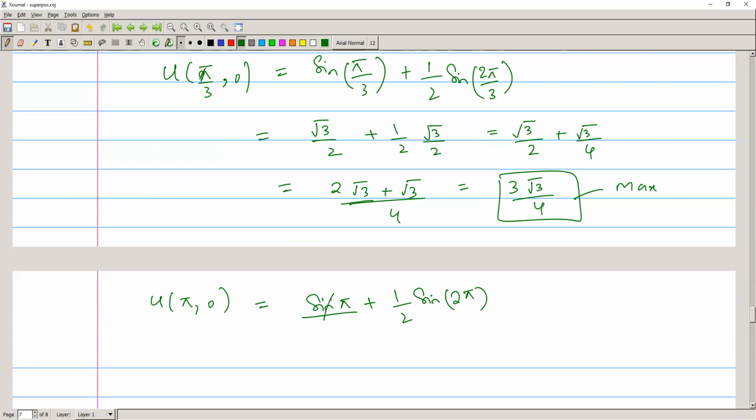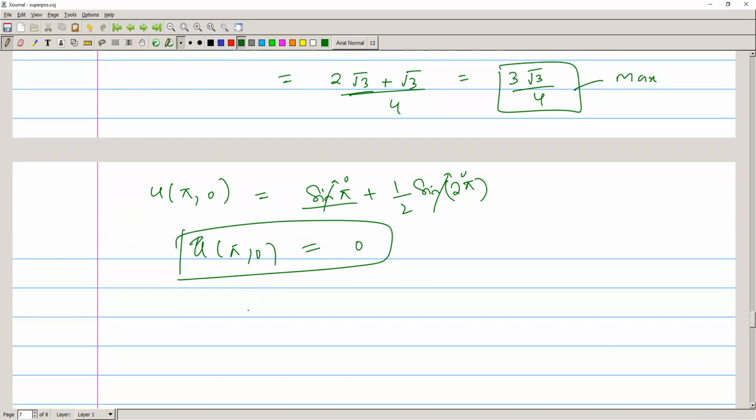We know that sin pi is 0, and sin 2pi is also 0. So u(pi, 0) equals 0, right? So we came to the conclusion that the solution u(x,t) will always be between 0 and 3 square root 3 over 4.